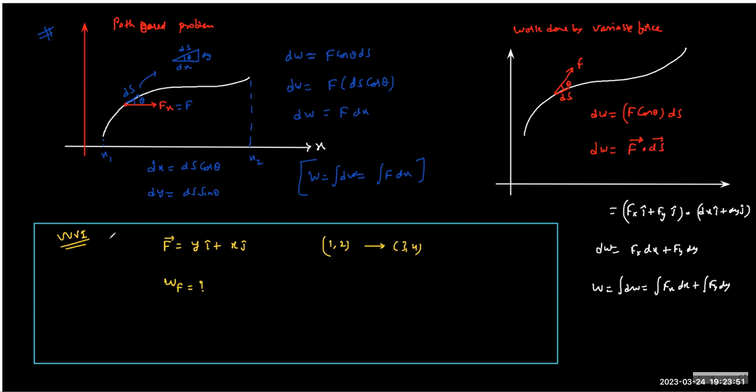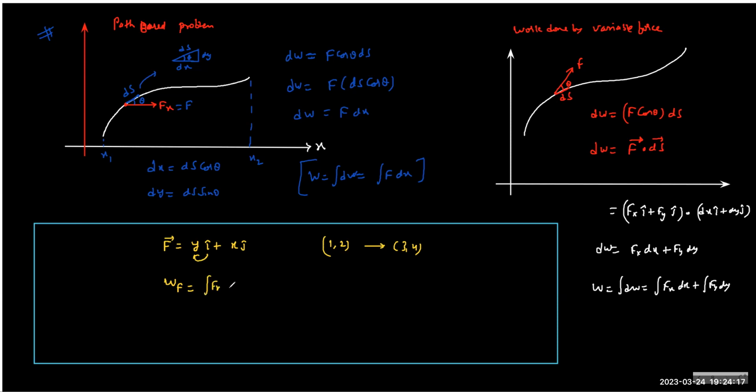So now, okay, let me solve this. What is Fx here? Tell me. Y. The Fx here is y actually. How do we find Fx? The coefficient of i is called Fx. So Fx need not be x. It can be anything.